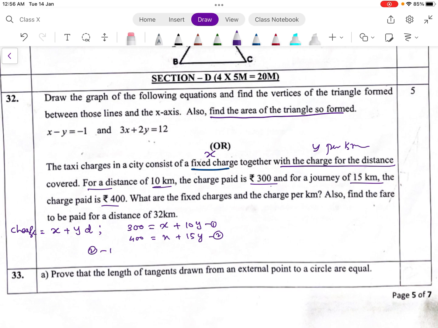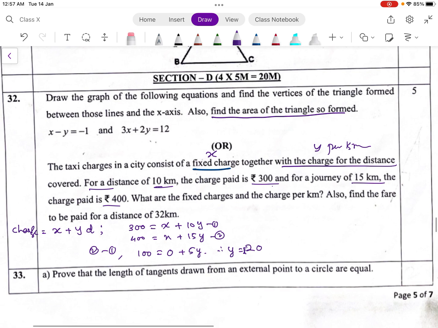So we have to do 2 minus 1. 400 minus 300 is 100, so x minus x will be 0, and 15 minus 10 will become plus 5y. From this we get the value of y equals 20 rupees. So we got the charges per kilometer.